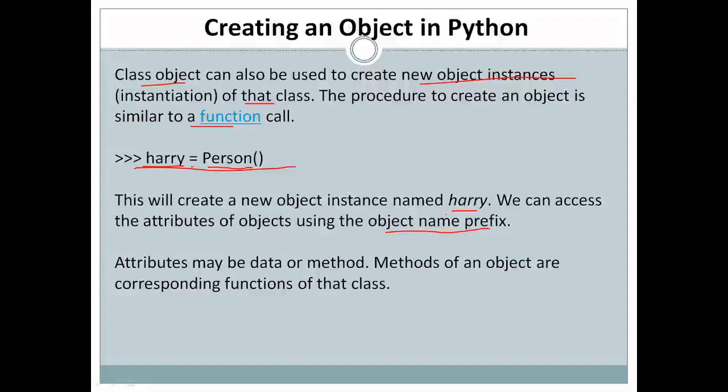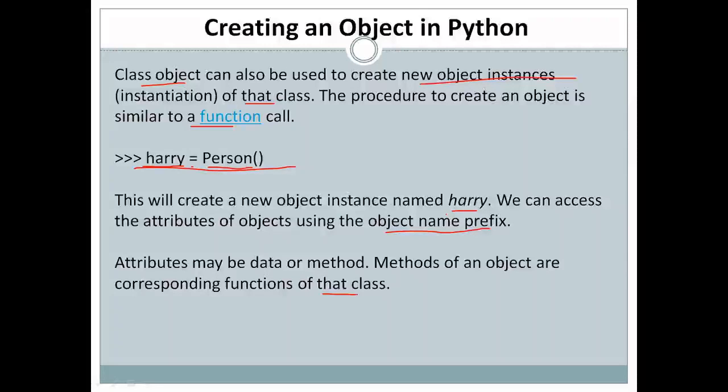If I want to access the method, I may say Harry dot greet to access the method greet. Attributes may be data or method. Methods of an object correspond to functions of that class. So we can access the data attributes or method attributes by using the newly created object.